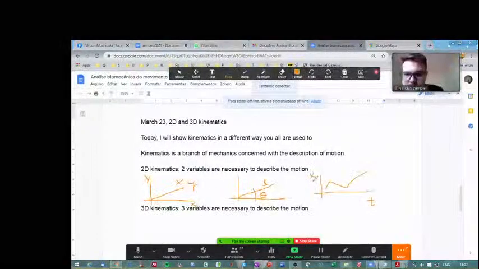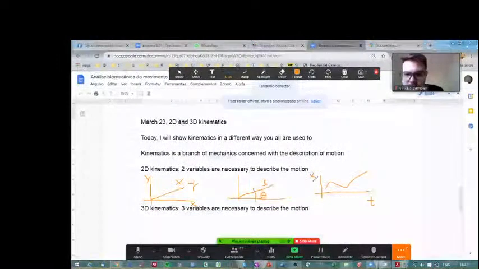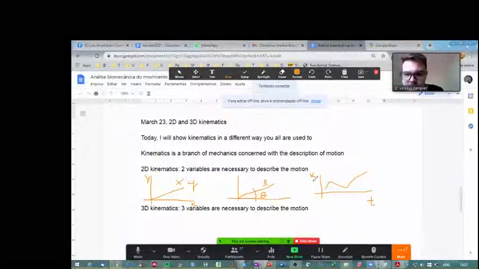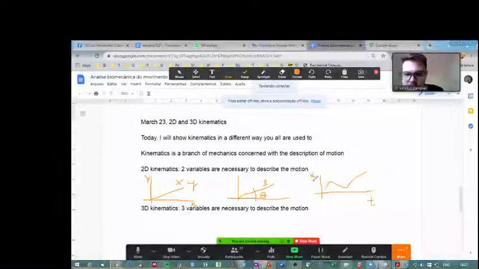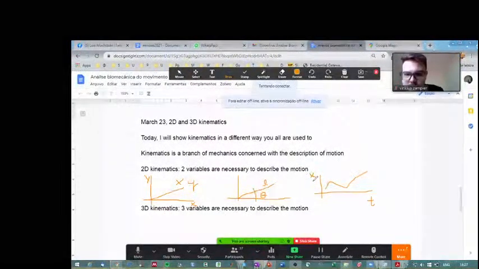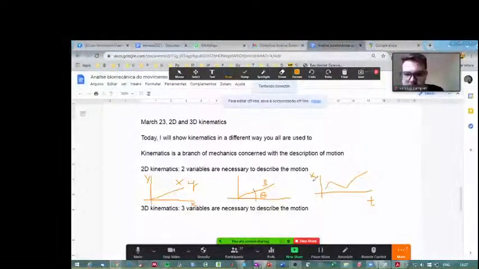Sorry, it's awful. But this is not 3D kinematics or 2D kinematics. This is just one-dimension kinematics.